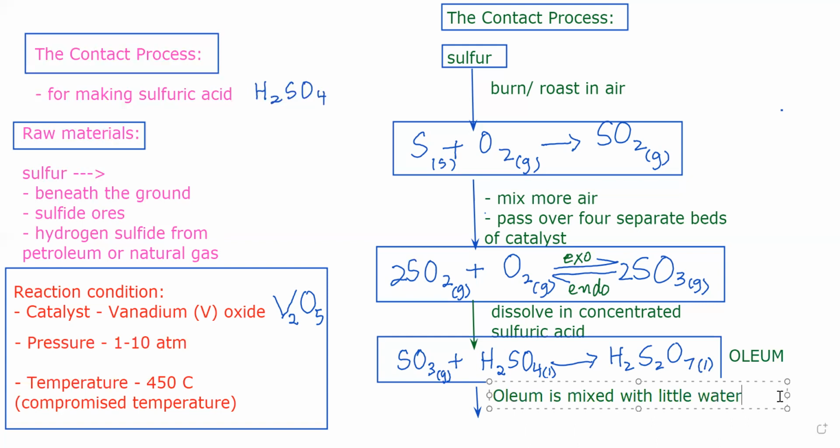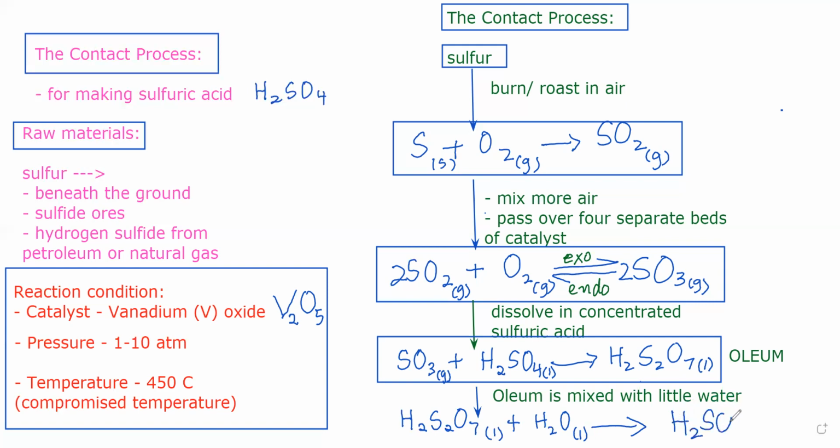We will actually get concentrated sulfuric acid. What will be the equation? Oleum, H2S2O7, which is a liquid, is mixed with water, H2O, which is also a liquid, and it is going to give us H2SO4, concentrated sulfuric acid, which is a liquid, once balanced.